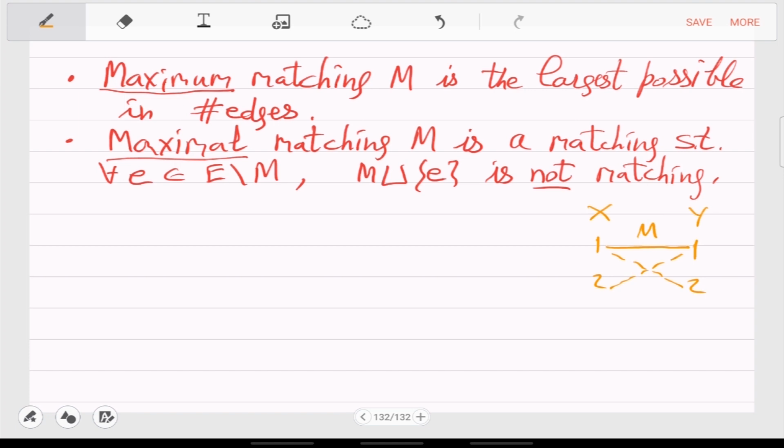Yeah, that's not a good example. It's also maximum. No, sorry. Maximum will be that you take the complement. You take (1,2) and (2,1), right? So this works.